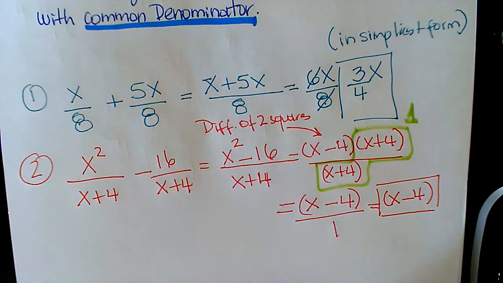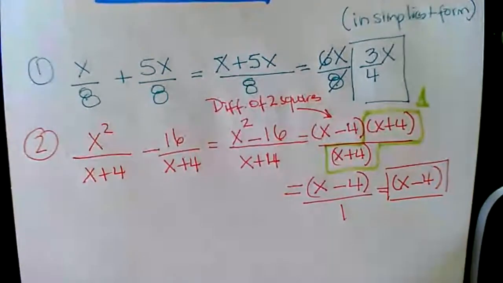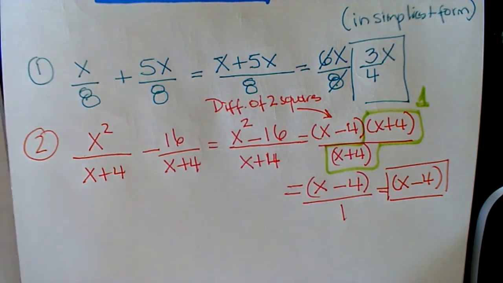It's all about making sure the numbers, the letters or variables, or polynomials match each other. We're going to do a couple of examples of finding the lowest common denominator before we actually try adding.